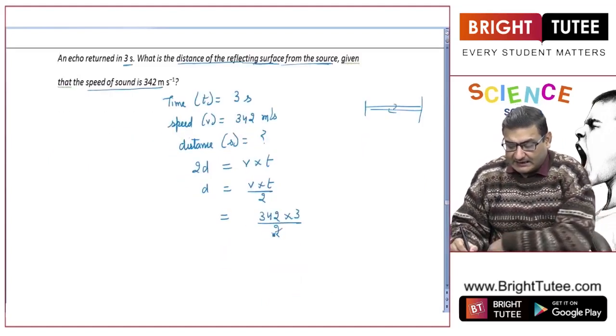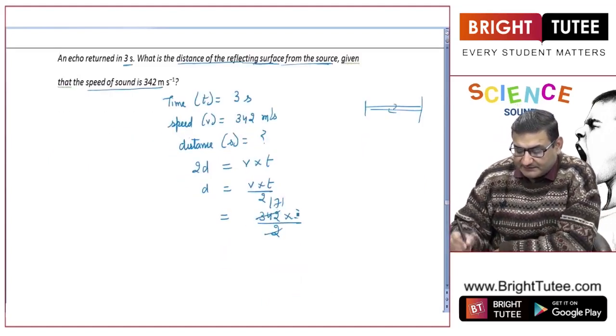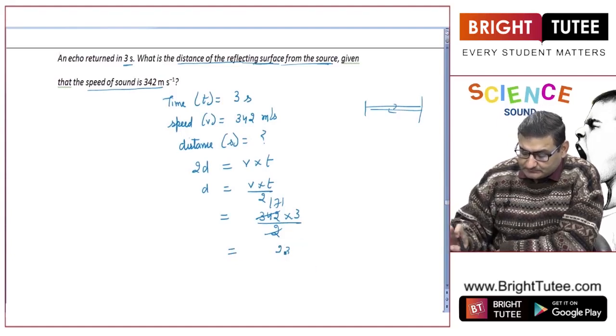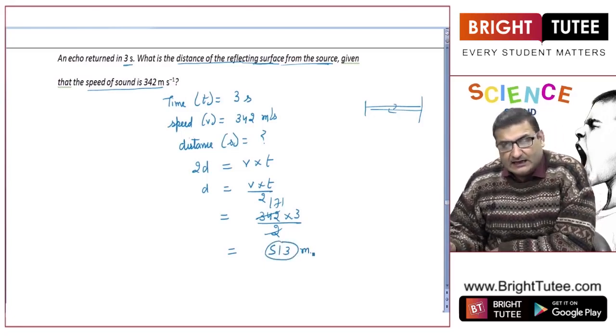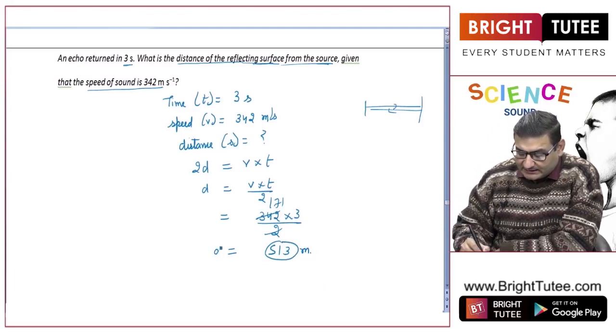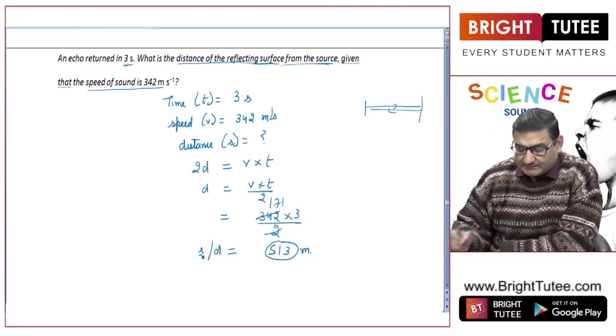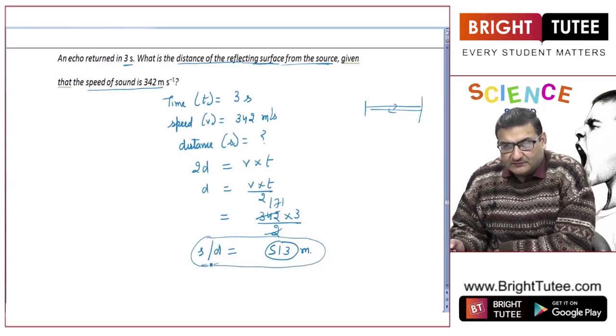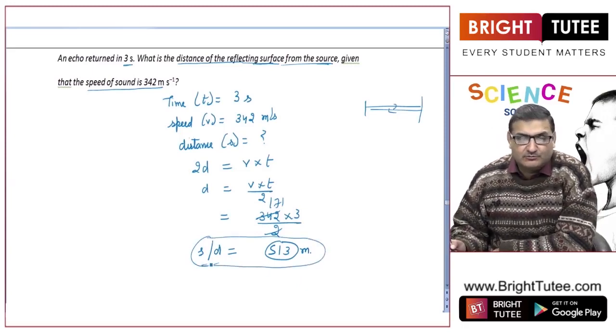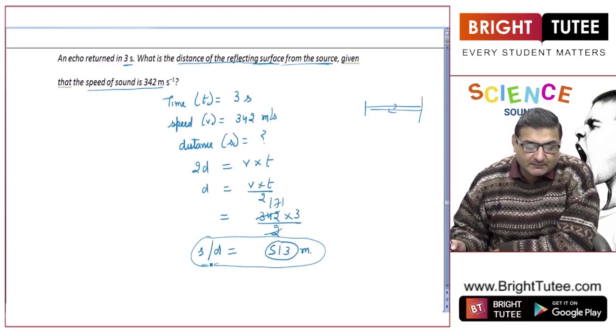Just simply I will cut it off and I will get 171 into 3, which comes out to be 513 meter. That is my answer. So, this is the distance, or represented by small s, this is the distance of the reflecting surface from that particular source, right. So, this is about echo.